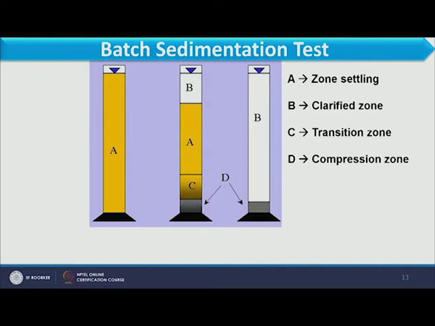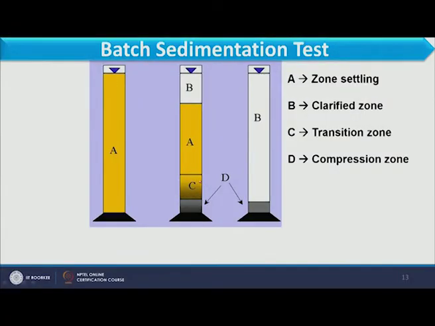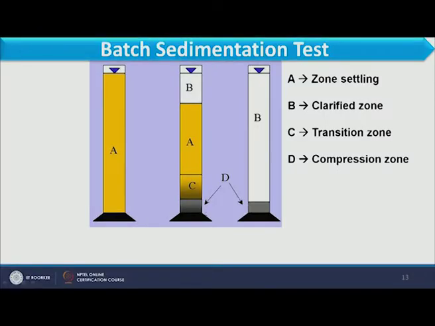Particles will settle, but in this particular zone the concentration will be almost uniform. Now, below this we have a section which we call the transition zone, where the concentration varies significantly, and at the bottom of the tank we have the compression zone, where the sludge starts accumulating.